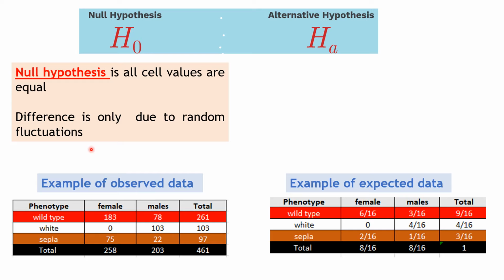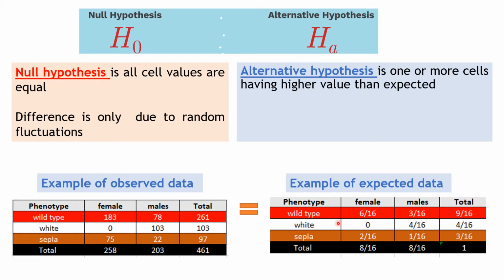Maybe we should have got 2,000 flies, 5,000 flies, 10,000 flies to start getting closer and closer. Or maybe it is just all these variations, so maybe there is only random chance, small changes that are not significant.